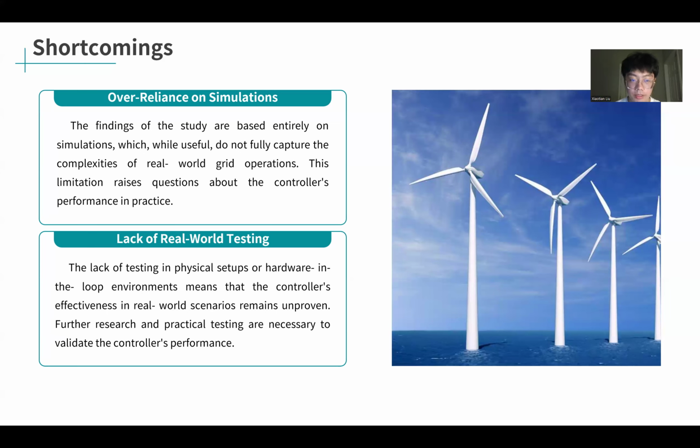Another shortcoming is the lack of real-world testing. The lack of testing in physical setups or hardware-in-the-loop environments means that the controller's effectiveness in real-world scenarios remains unproven. Further research and practical testing are necessary to validate the controller's performance beyond simulation.